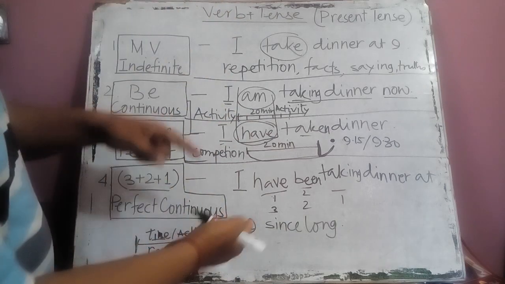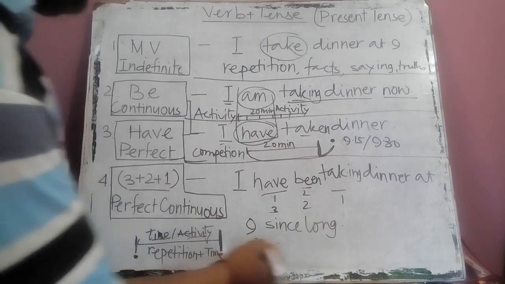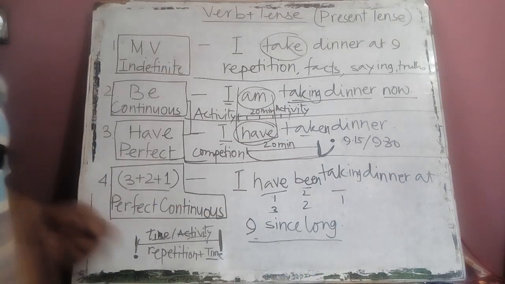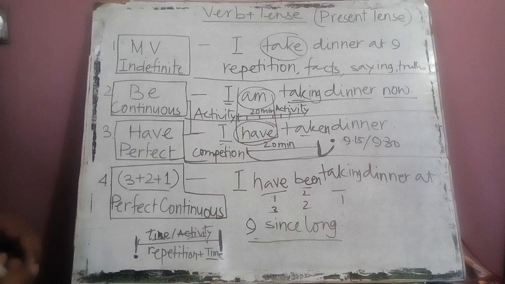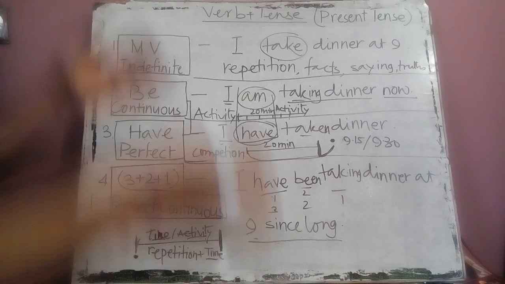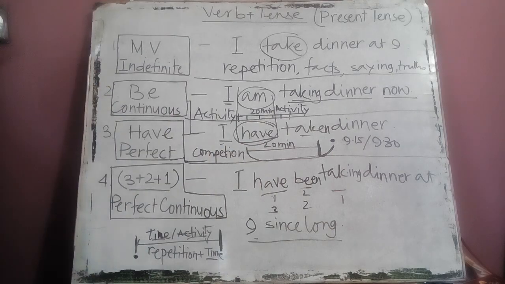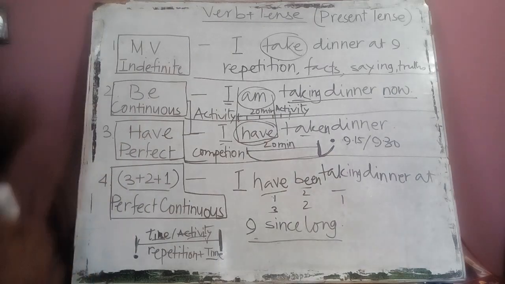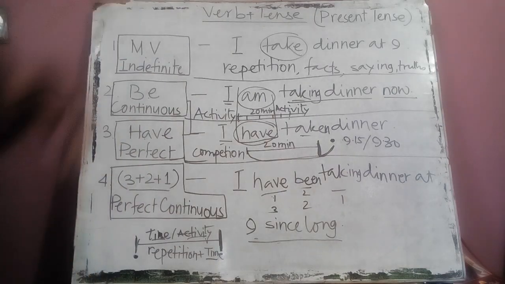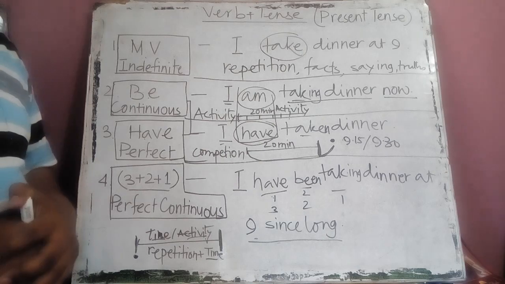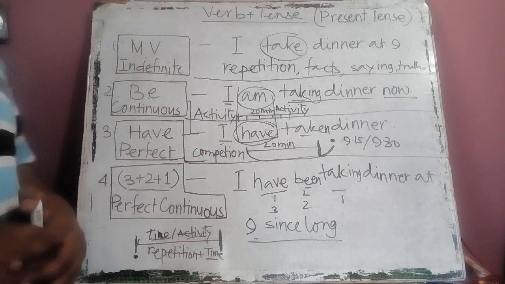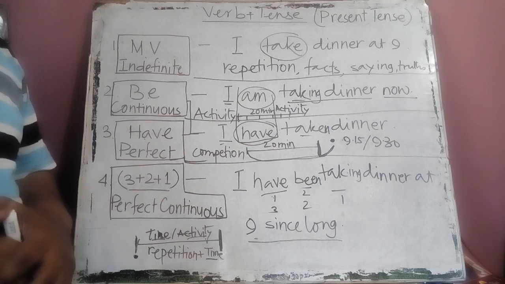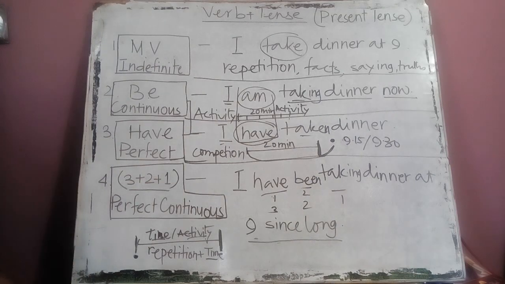And here we have mentioned the time as well, repetition plus time, that we have been doing it since long, say 9 years, 10 years, 50 years, 30 years. So this is present perfect continuous tense. Hope this will be useful to you and remove all the doubts from your mind. Thank you.